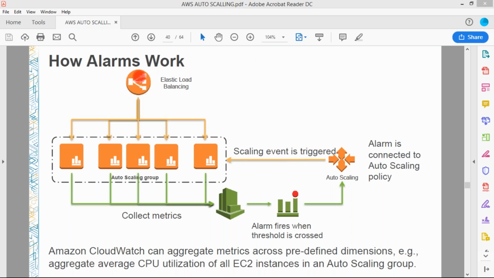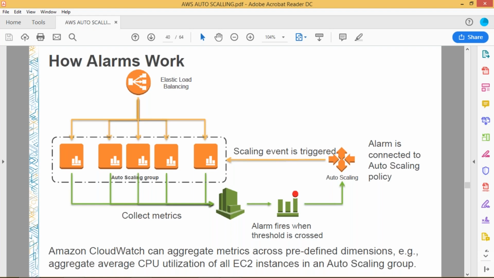The matter of fact is how effectively you use it and what type of policies you configure. So elastic load balancers, availability zones, EC2 instances, and then CloudWatch and health checks. This is the most important thing, that you manage your cloud effectively and in a cost effective way.